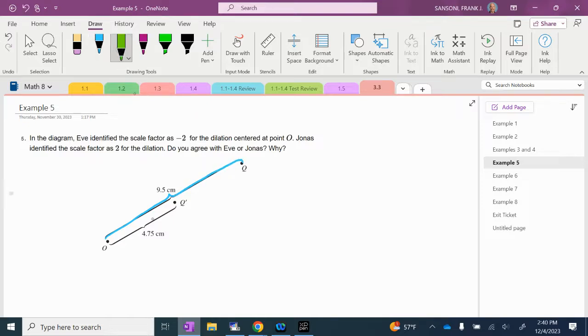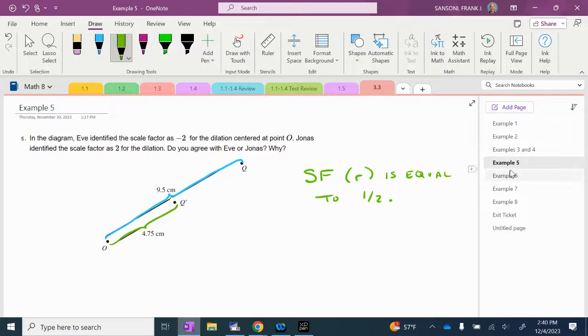And then my image is OQ prime. And so what was my scale factor? The green is half of the blue, right? So the scale factor, which is a lowercase r, is equal to 1/2.